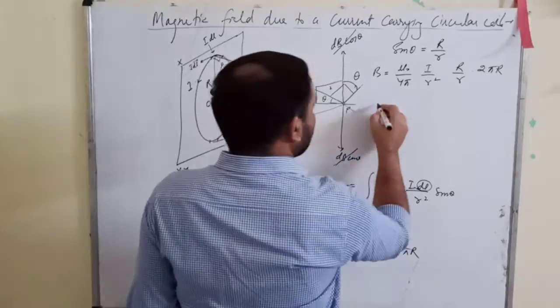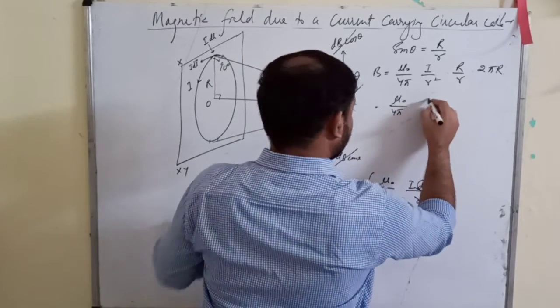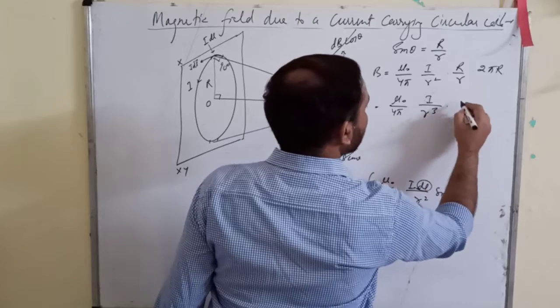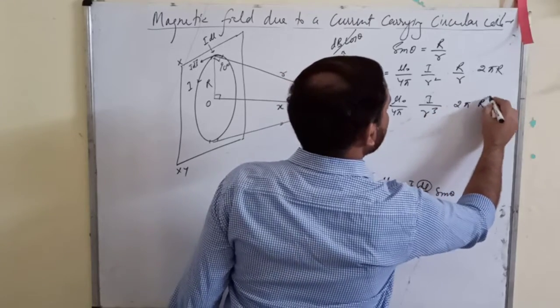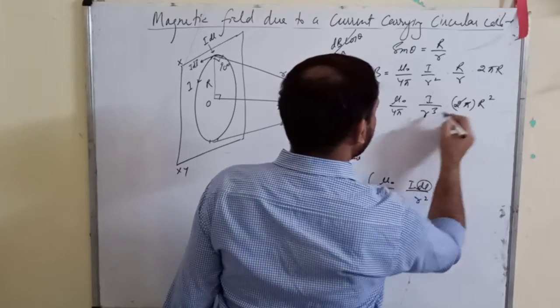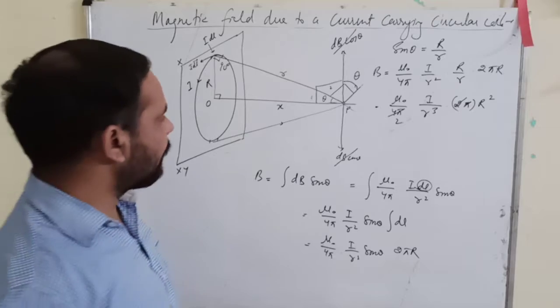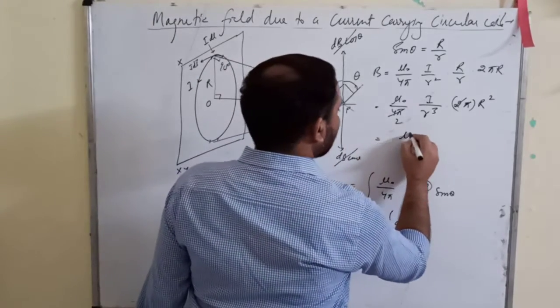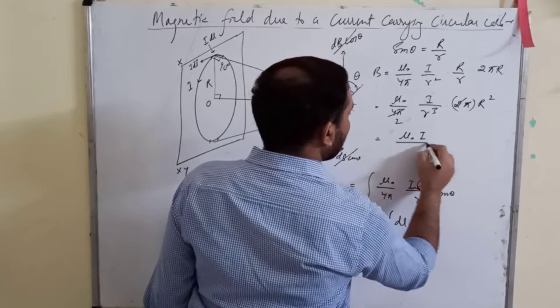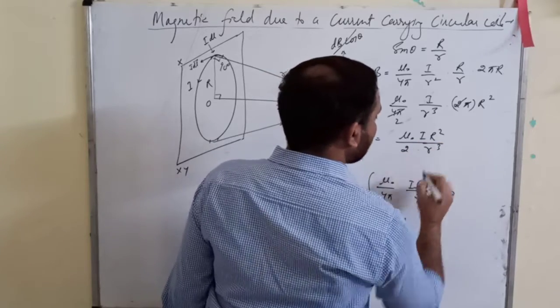This is equal to mu naught upon 4 pi I upon r cube, 2 pi r square. Now this 2 pi will cancel this 4 pi 2 times, so what you get here is mu naught I upon 2 r square into r cube.